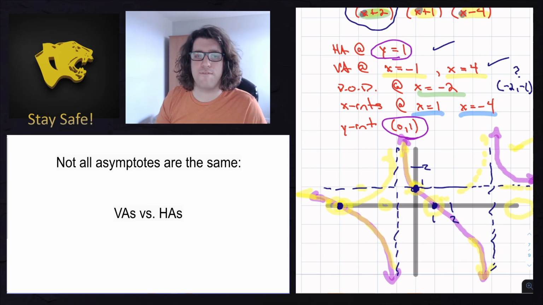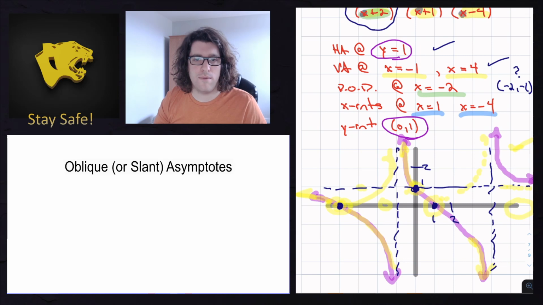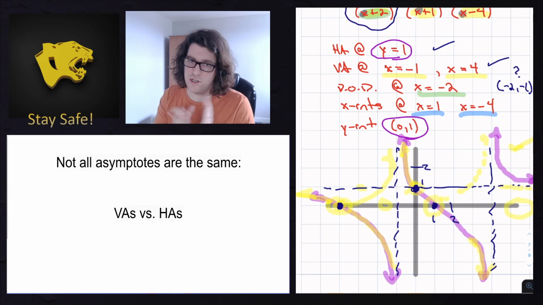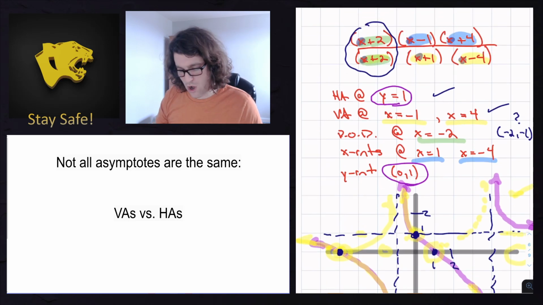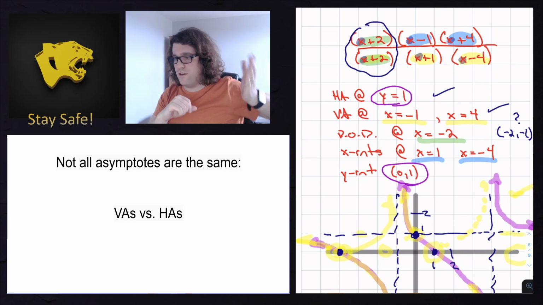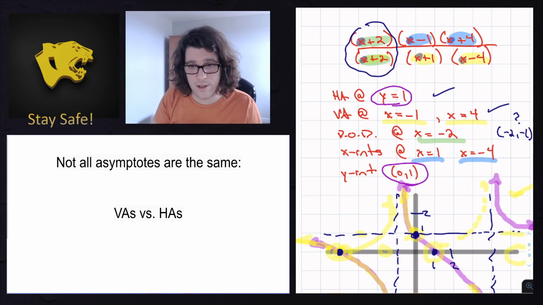Now, if you wanted to do a better job on that picture of making sure that you're happy with things, when we found the vertical asymptotes, all I did was say, hey, there is one here, there is one here. If you do one-sided limits and come into each one of them from the left and the right, then you can actually determine whether it shoots up towards positive infinity or shoots down towards negative infinity.